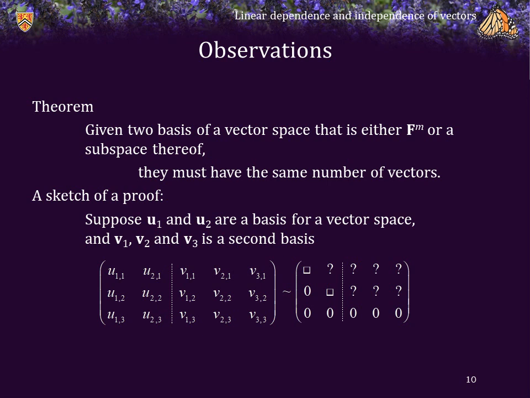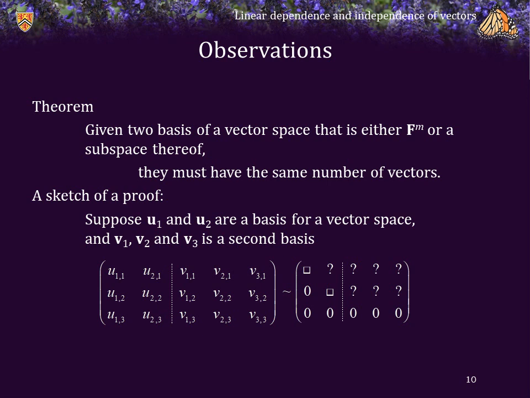Now, why is the bottom row all zeros? The bottom row must be all zeros because whether or not we chose v1 or v2 or v3 to be the target vector, the rank of the full matrix, the augmented matrix, must equal the rank of the 3 by 2 matrix.